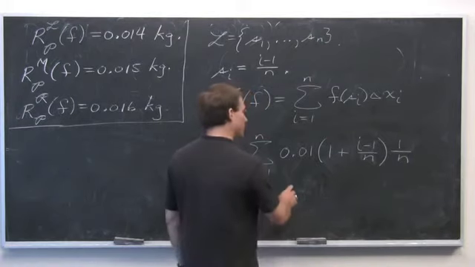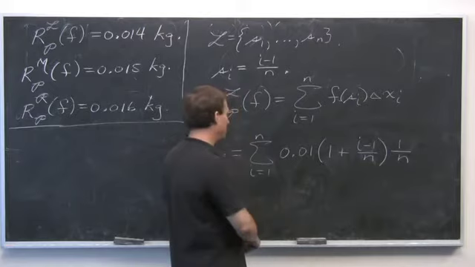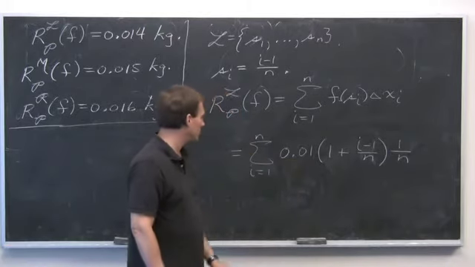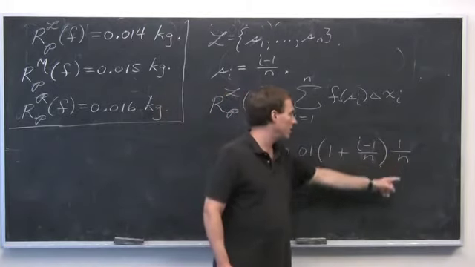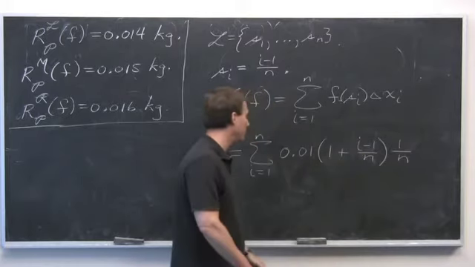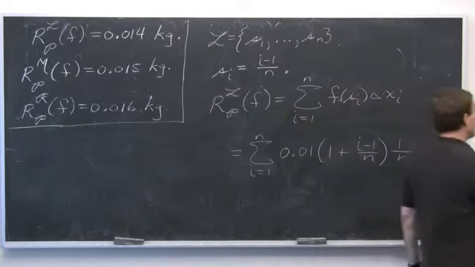What happens here? Well, the index of summation is i. Certainly that's a constant, this is a constant as far as i is concerned. Both of those can be pulled out of this summation by linearity.